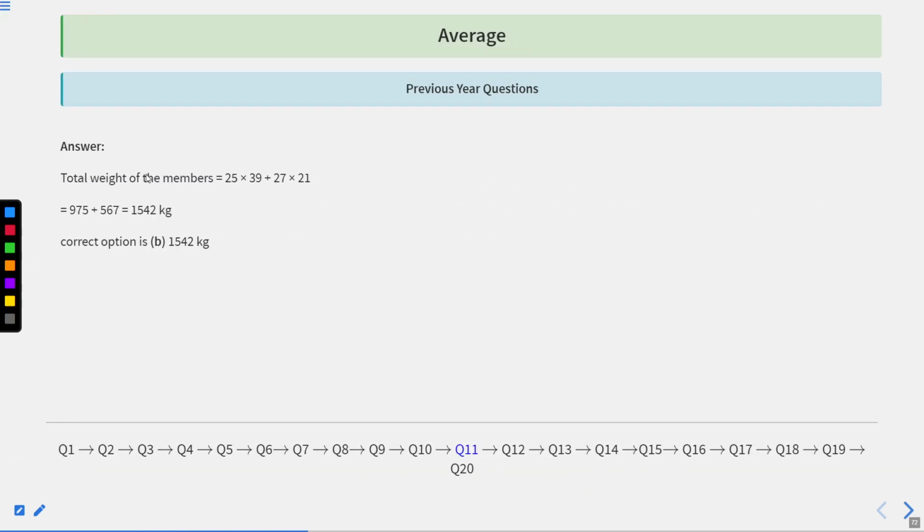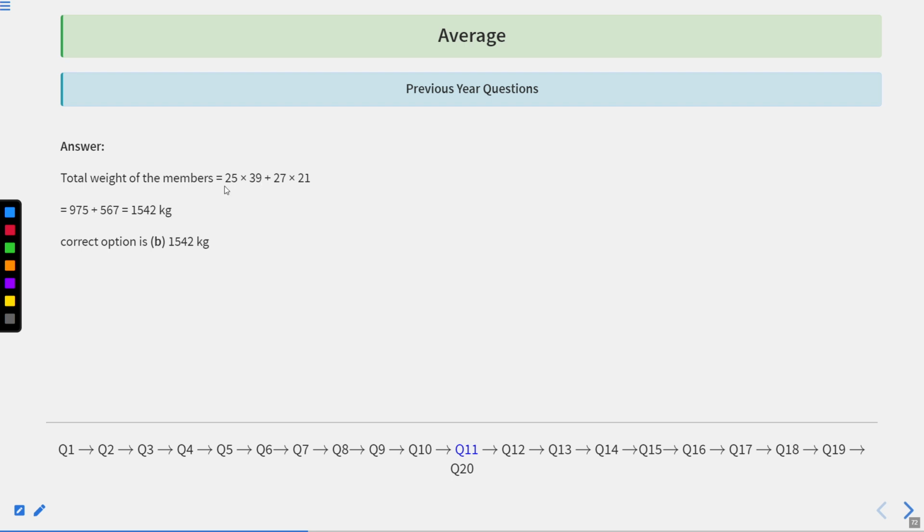So this is a very simple question. So first of all, find out the total weight of first group, find out the total weight of second group, add them up and you will have your answer. So how are you going to find out the weight of first group? So it is very easy. The average is given to you, number of members in that group is given to you, multiply the average with number of members, you will have your total weight.